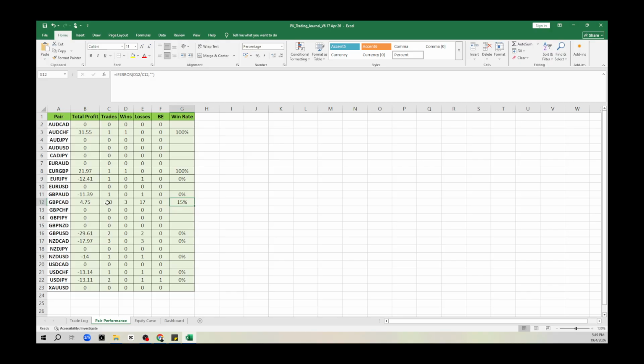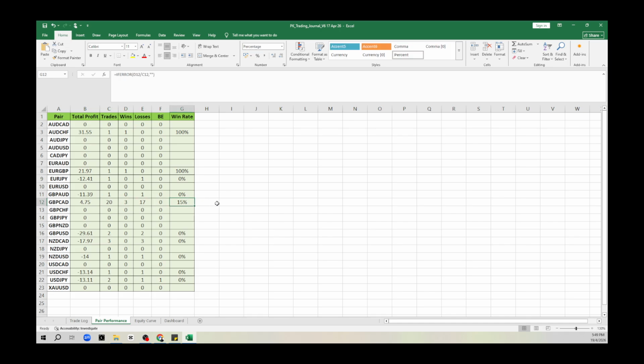So after taking about 20 trades, this table starts showing that every time you go into a trade for GBP-CAD, the chances of you losing are way higher than the chances of you winning. You're only winning 15% of the time out of the 20 trades you have taken.